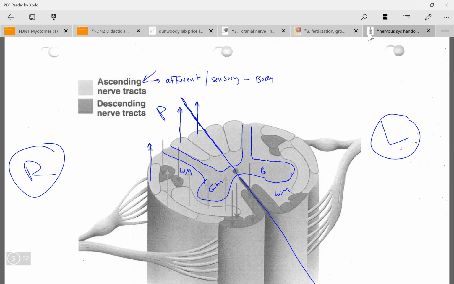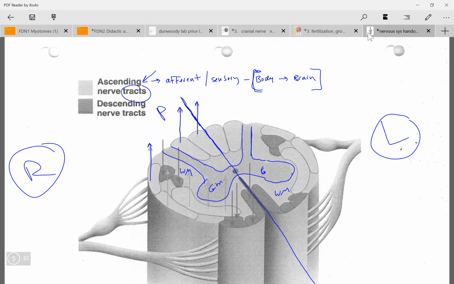So that's body to brain. All right, so we have different tracts or highway systems that go from your spinal cord to your brain. So they travel up. Afferent, which means it's sensory. Okay, so they're going from body to brain.